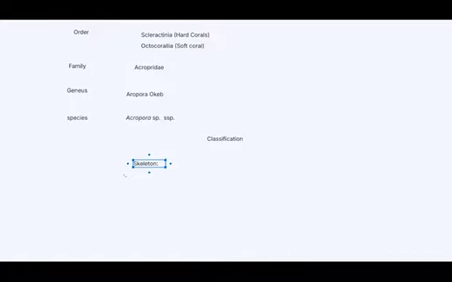You mean something like massive and branching and so on? I would look at the skeleton. Hard corals have a calcium carbonate skeleton, while soft corals have internal skeletons known as sclerites.